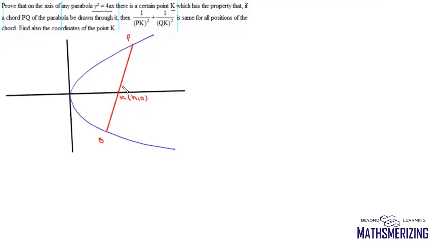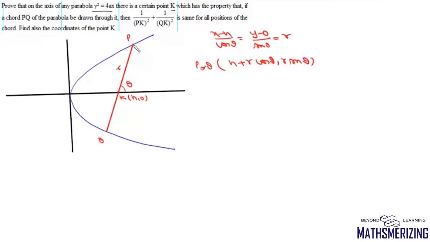Now let us say this angle is theta and the distance of any point on this line from k is, suppose, r. So we can write the equation of the line as (x minus h) upon cos theta equals (y minus 0) upon sine theta equals r. So we can write the coordinates of any point p or q on this line as (h plus r cos theta, r sine theta).